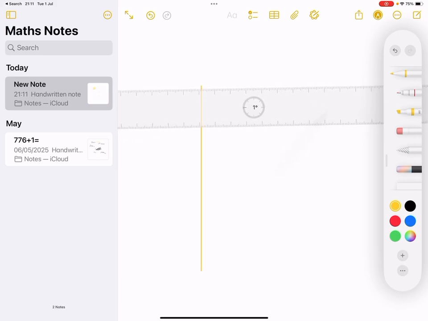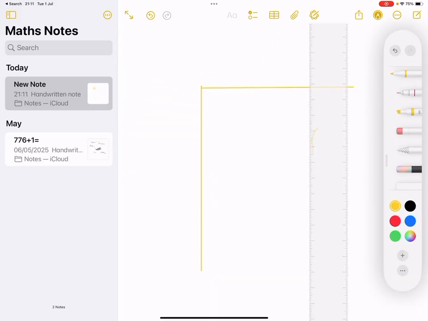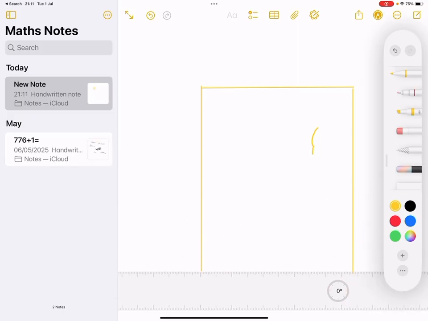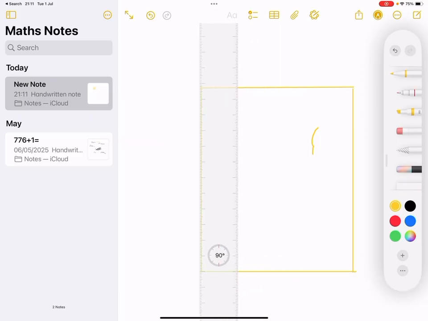I think using rulers in real life is better than this. And then I'll draw this. And this square is not to measure, by the way. And then draw this. And then draw this. And then that's what we have, a square.